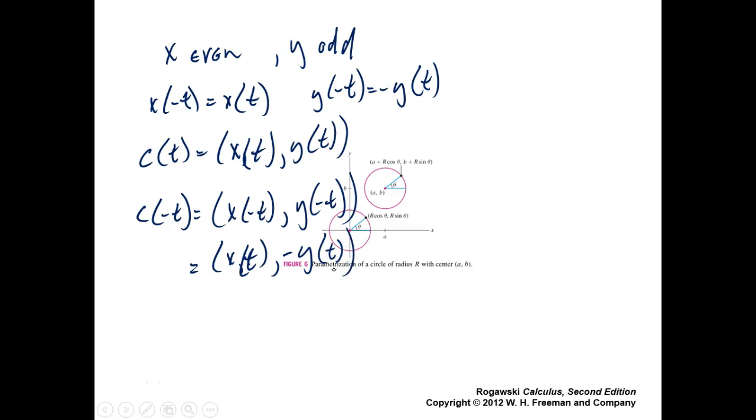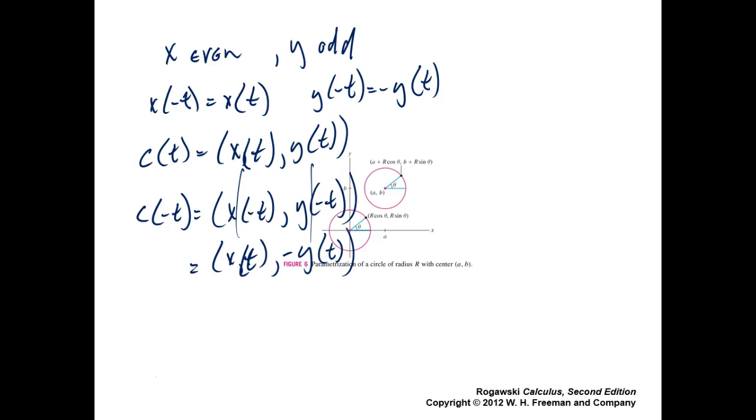Now, is that the same or the opposite of what c of t is? Well, the x components are the same, the y components are the opposite. So this looks like a neither to me, but what they're saying here is it's a reflection across the x-axis.